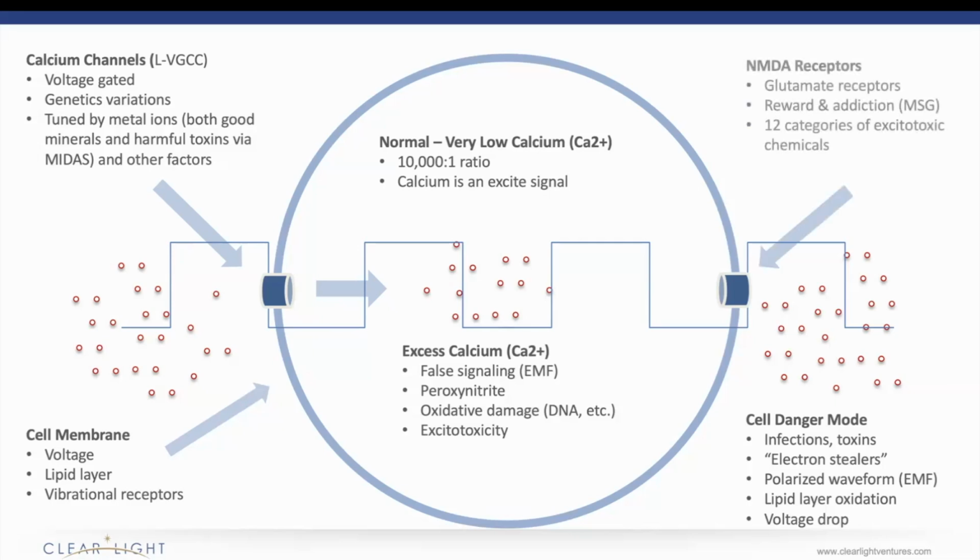And as we said, chemicals can do this as well. Chemicals like glutamate, there's a glutamate receptor called NMDA that can allow calcium to get in as well. And I think the most common thing here would be MSG. If you've ever had monosodium glutamate, or if you've had a child who has a bad reaction to MSG, high glutamate foods, that's that same kind of edgy feeling that you'll get.